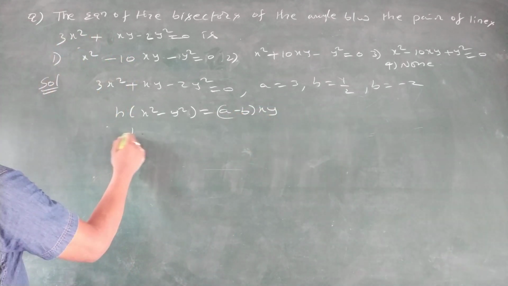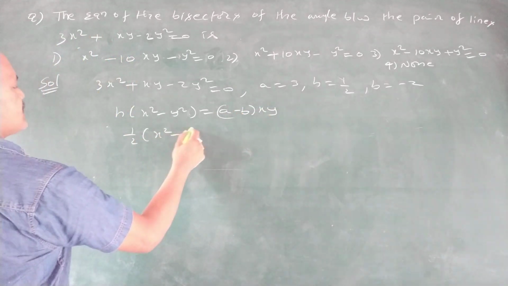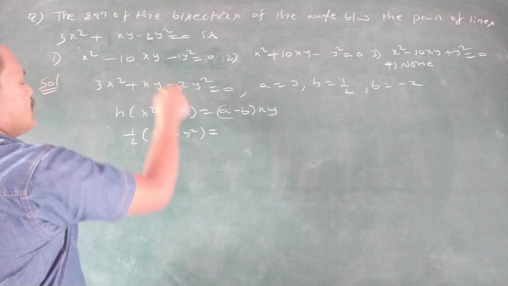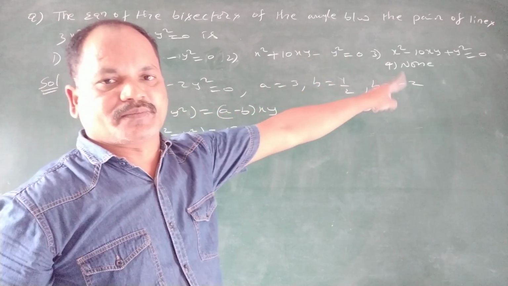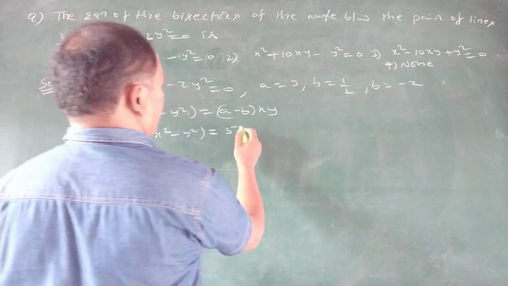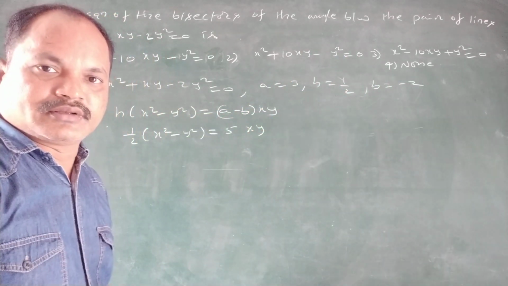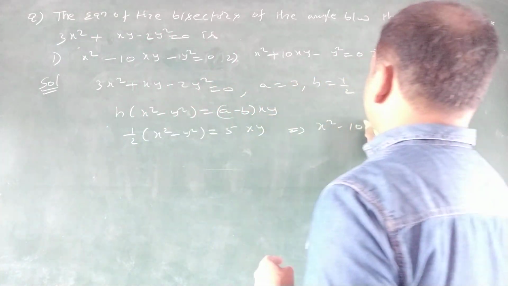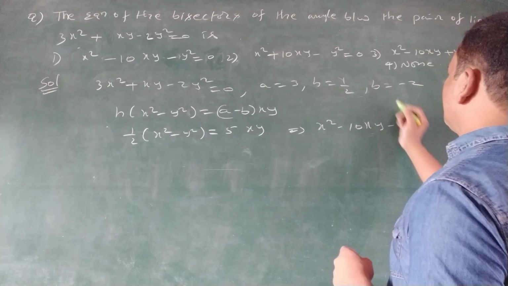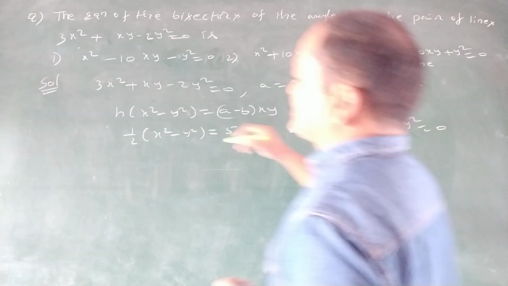That's why 1 by 2 times x square minus y square is equal to a minus b, that is 3 minus of minus 2, plus 5, 5xy. That's all. So simplify this: x square minus 10xy minus y square is equal to 0. That is the first option.